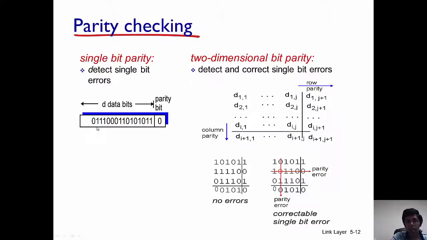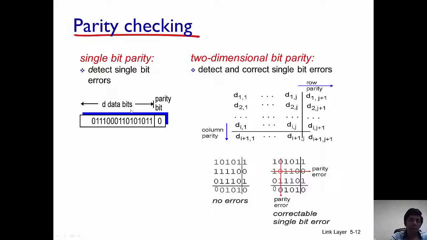As you can see, there are an odd number of ones here: 1, 2, 3, 4, 5, 6, 7, 8, 9. 9 ones here. And the parity bit has been set to 0, which says that the number of ones in the data bits is odd.